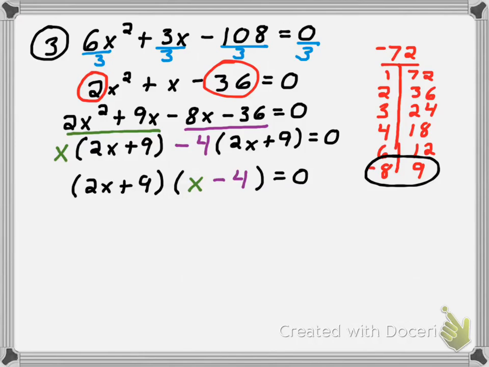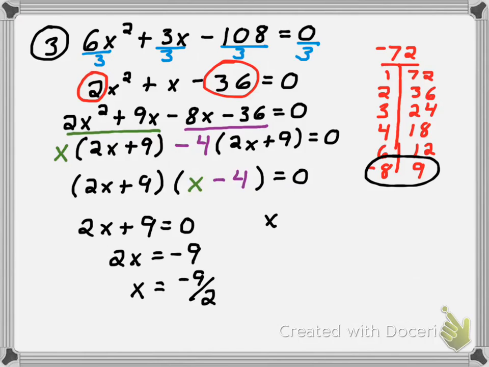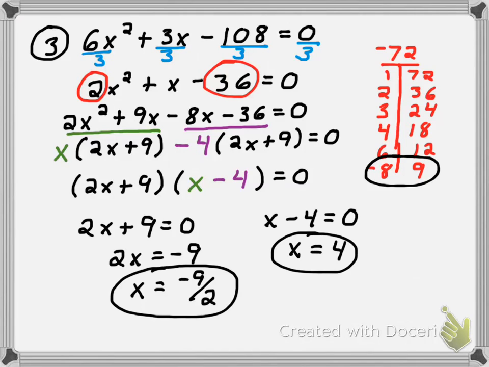Now we take each one of those factors, we'll set them equal to 0, and solve our equations. So our first factor is 2x plus 9 equals 0, and when we solve that equation, we get that x equals negative 9 over 2. Our second factor is x minus 4 equals 0, and when we solve that, we get x equals 4, and those are our two solutions.